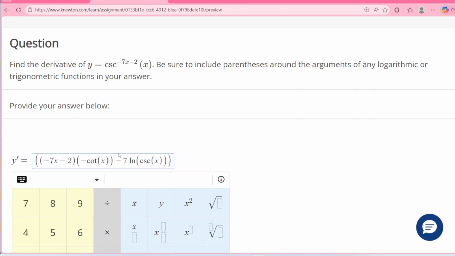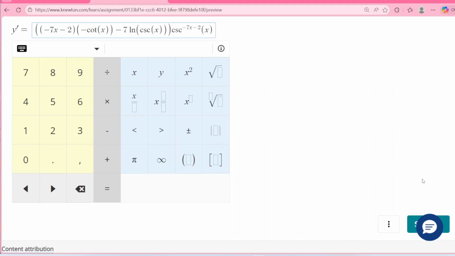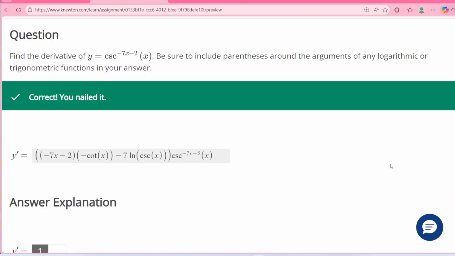And then close all the parentheses. That was the entire side I wrote out. And then after that, to get y prime alone, times y. And y was the cosecant of x with the negative 7x minus 2 in the power spot. And this should be good.